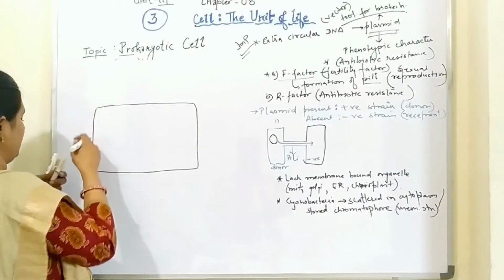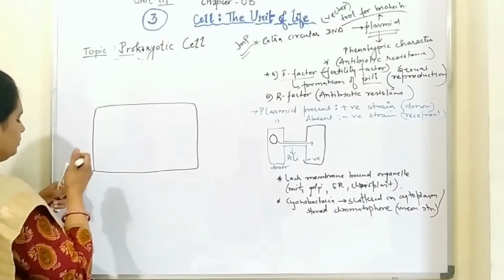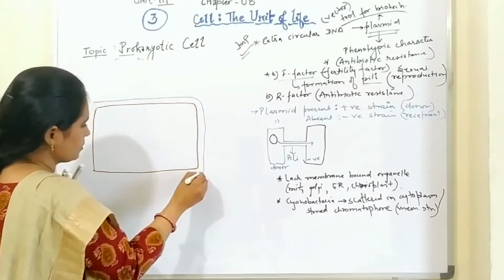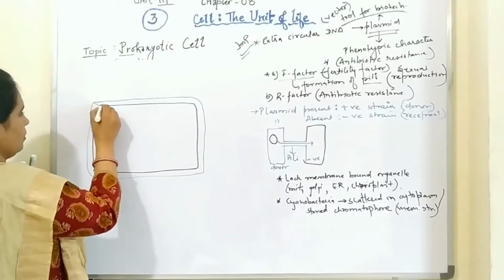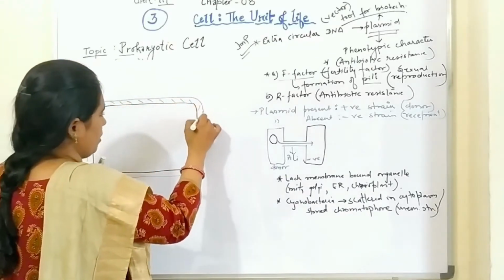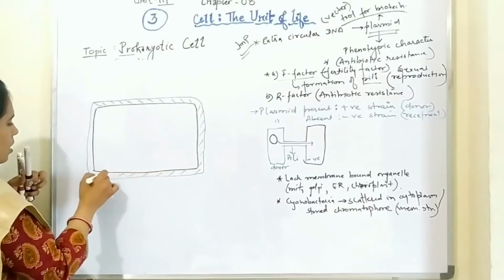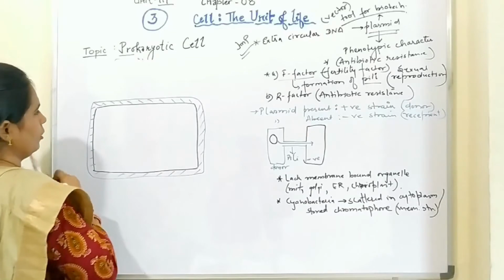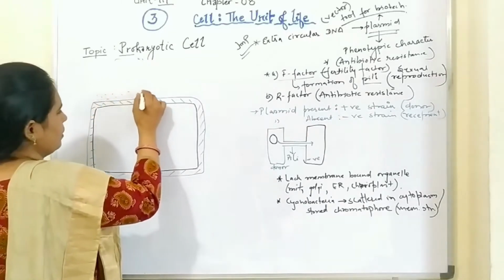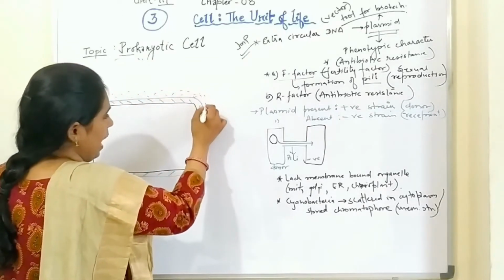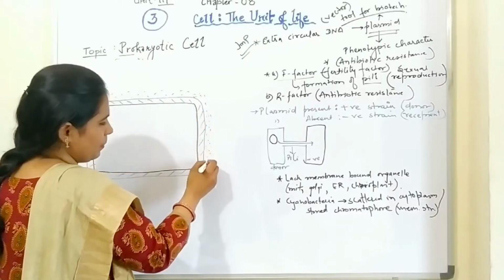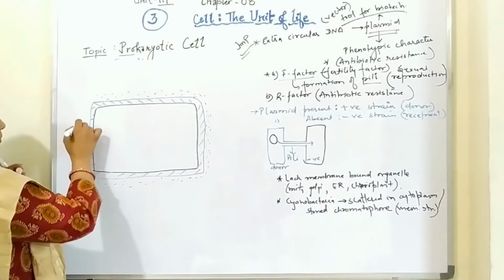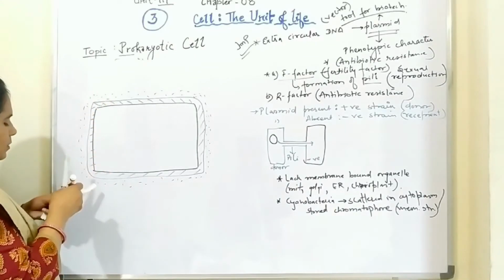On the plasma membrane, you will find the cell wall like this. This is the cell wall, and on this cell wall, you will find the layer of glycocalyx. It can be thick and it can be light. And I told you, it may be present or it may be absent in case of prokaryotic cell. So like this, you will find the glycocalyx.